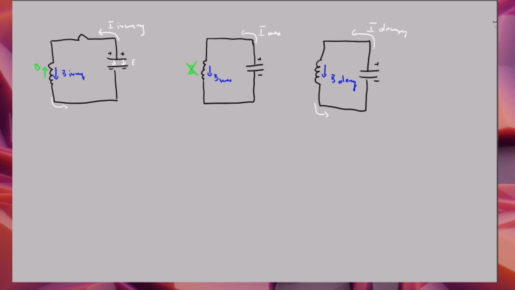That would imply that since the blue field through this solenoid is decreasing, the solenoid will oppose that change, and so it's going to set up its own magnetic field that points in the same direction as the blue one, and so you're going to have the solenoid supplementing for the loss.